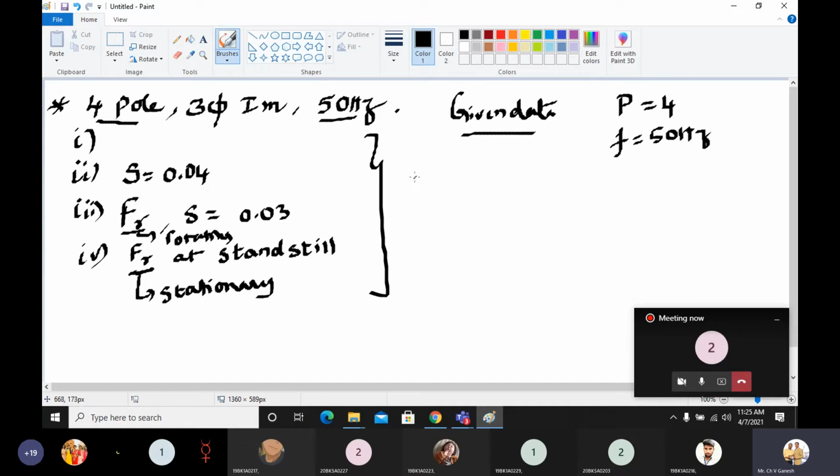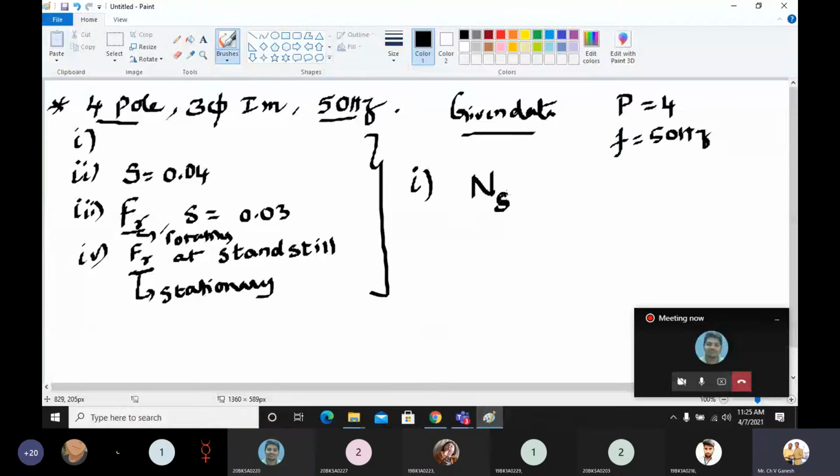Now, the first one is to find the speed at which the magnetic field of the stator is rotating. What is that speed? Ns = 120 f by P. That speed is nothing but the synchronous speed.